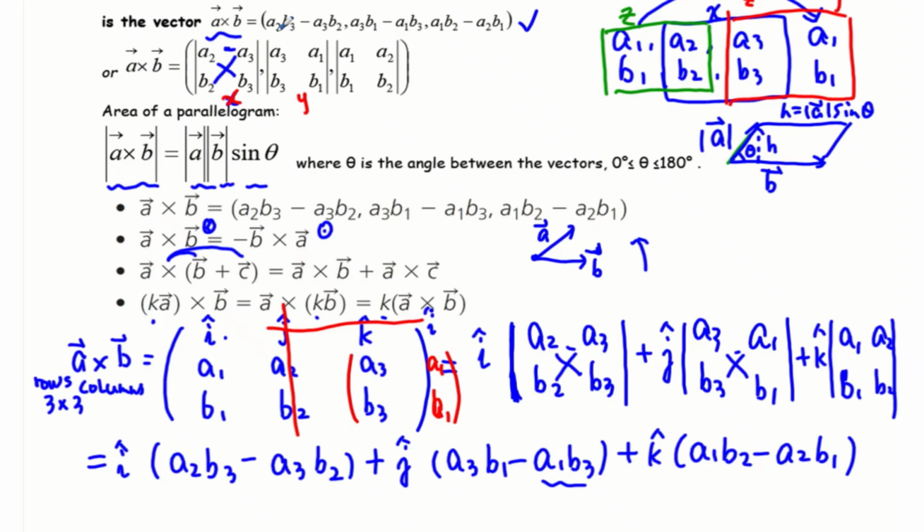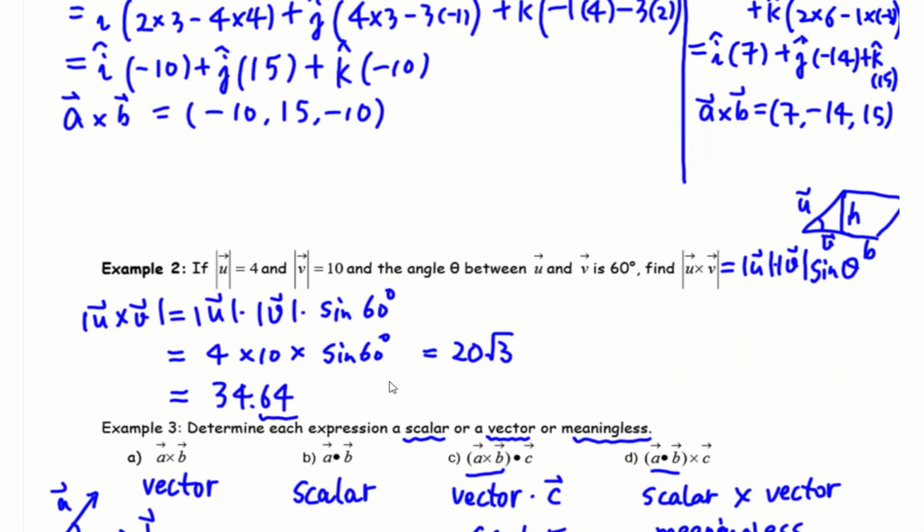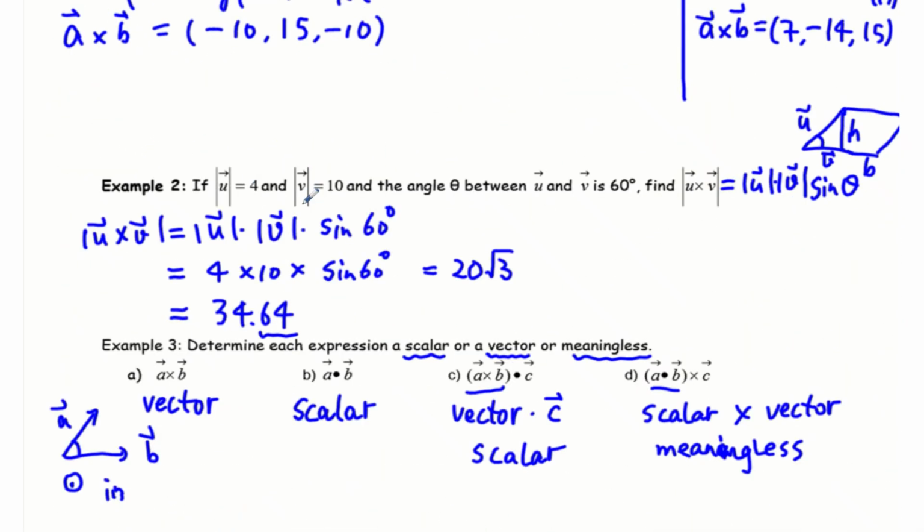So instead of memorizing this formula, you can just use this 3 by 3 matrix. It's easier for you to come up with the formula. So you have to know this formula by yourself. Then we just practice finding those cross products, and if the magnitudes and the angle are given, we can find the area of this parallelogram right away.